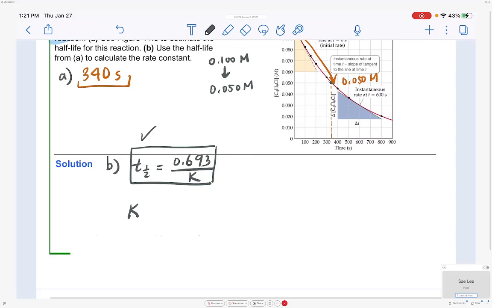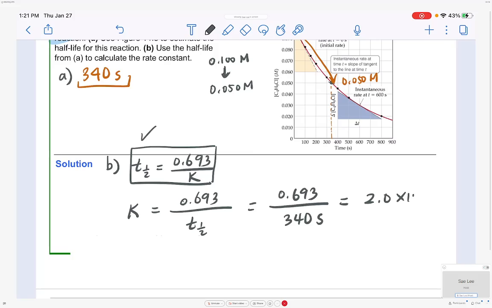So the rate constant k is basically 0.693 divided by the half-life time. 0.693 divided by 340 seconds is going to be 2.0 times 10 to the negative 3 inverse seconds.